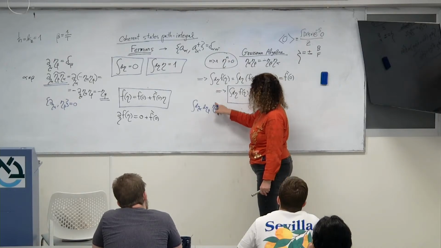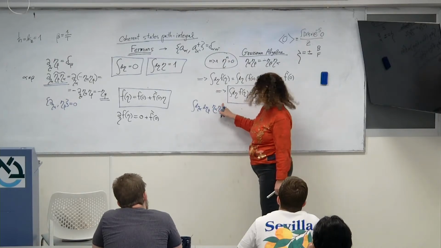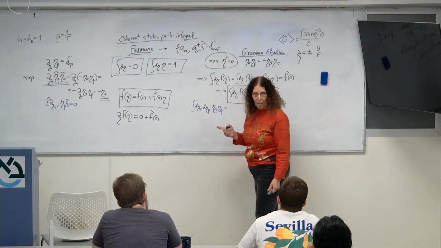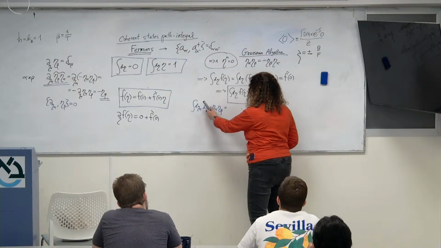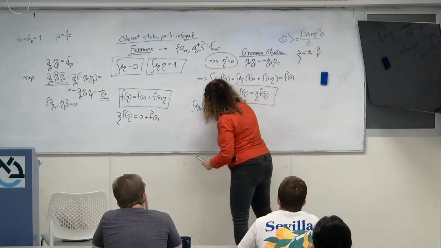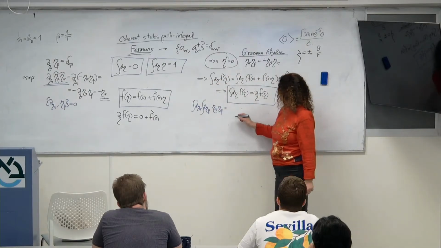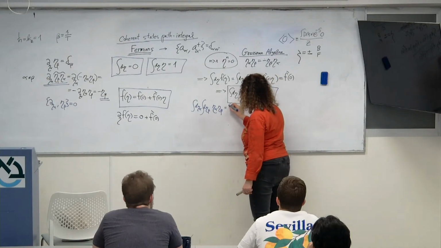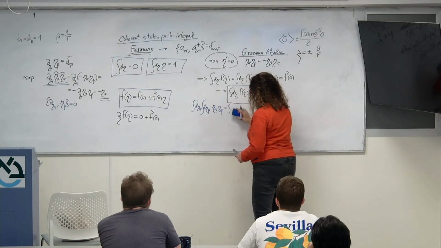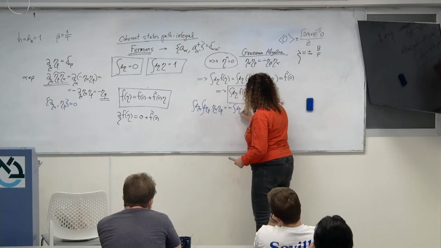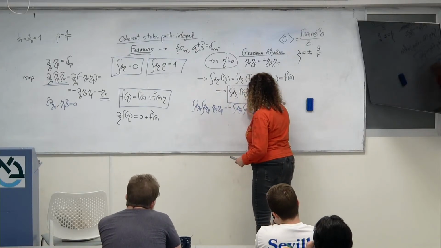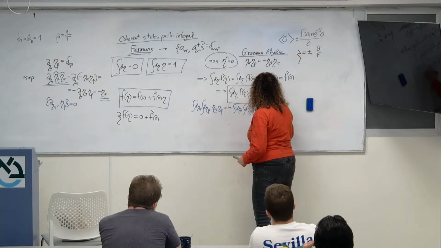I switch this and this, then I get a minus sign. After the minus sign, I have minus integral d eta alpha, d eta beta, eta beta, eta alpha.